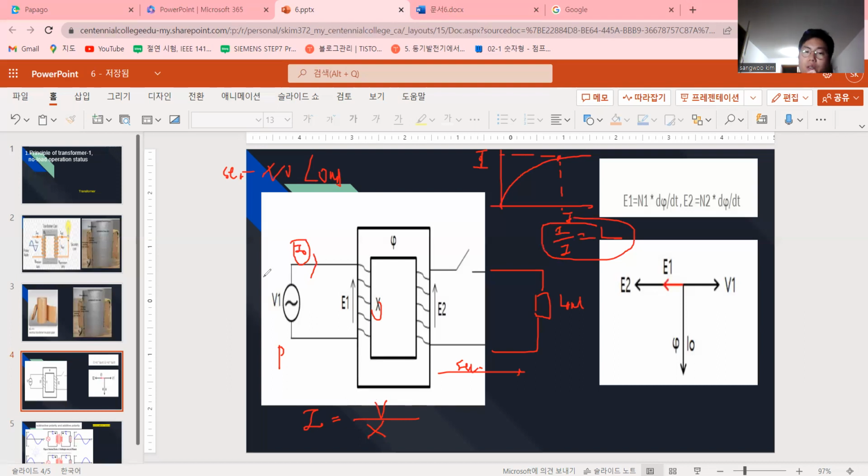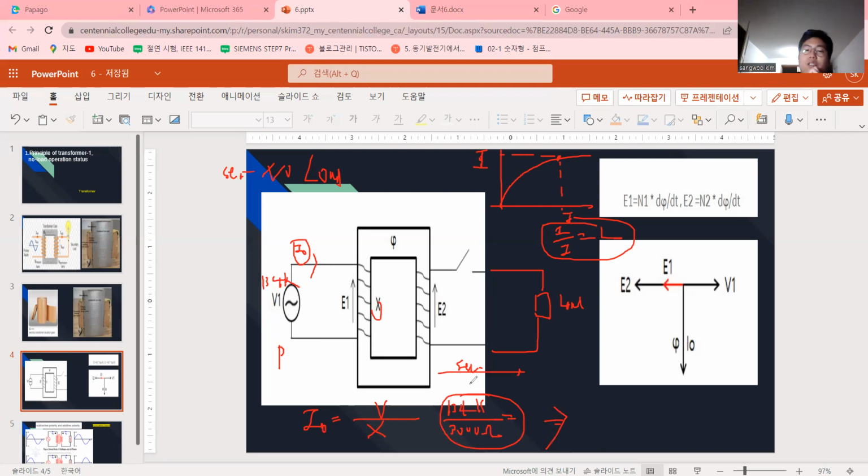For example, V is 154kV, and X is 1,000 ohms or more, really big, for example 3,000 ohms. So the magnitude of the exciting current I0 is calculated with Ohm's law.